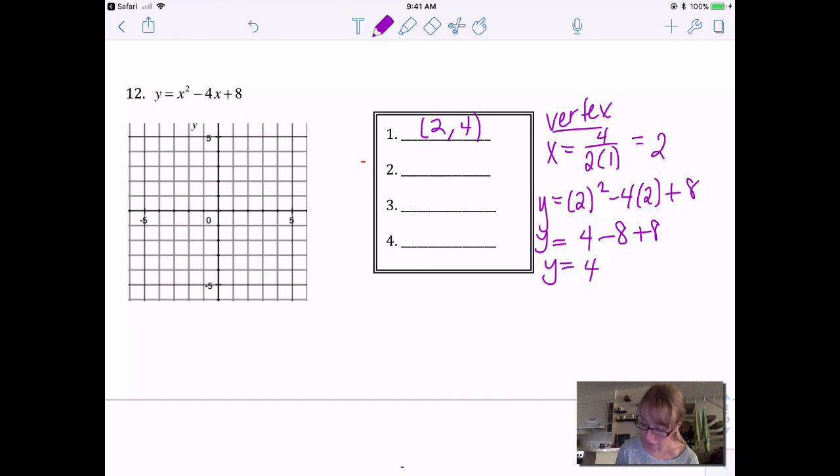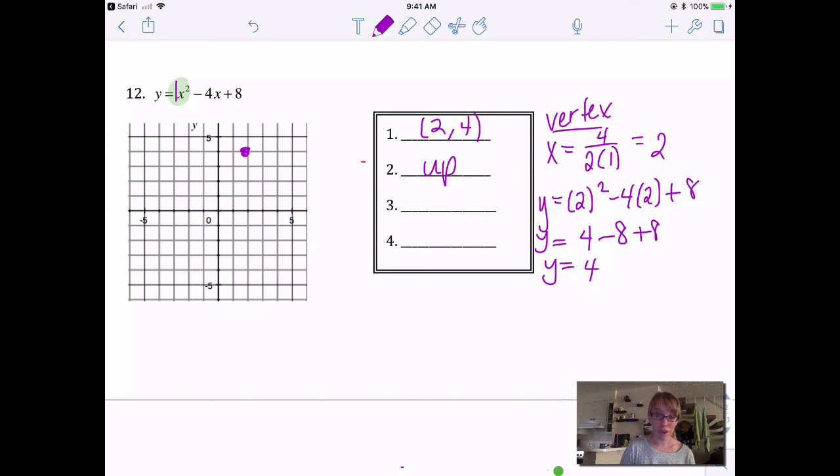If you want, you can already graph that over 2 up 4. And then from there, we can use our other information to find the other characteristics. So I look at my a value. A is 1, positive. So since it's positive, I'm going to be drawing up.